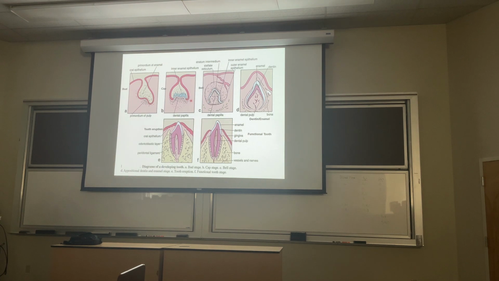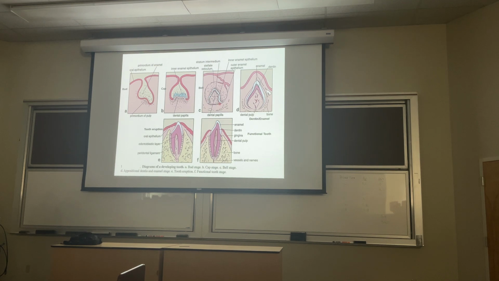As we're starting the process of tooth formation, down here you see this is the bud stage. This is barely getting going. Then as we go next, it forms what's called a cap stage. This looks somewhat like a cap that you might wear, so they call it the cap stage. It's gone from the bud stage to the cap stage. Then it comes up to the bell stage.